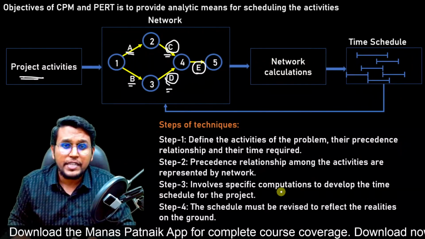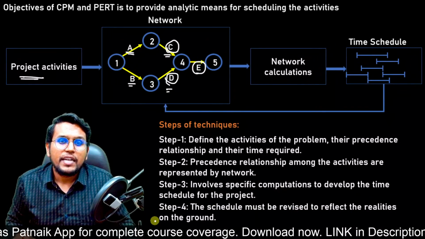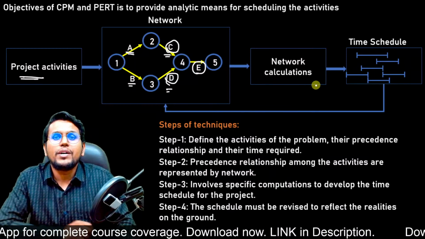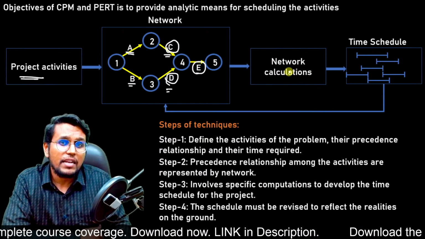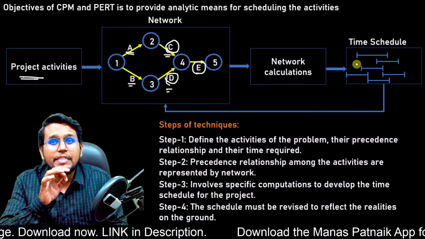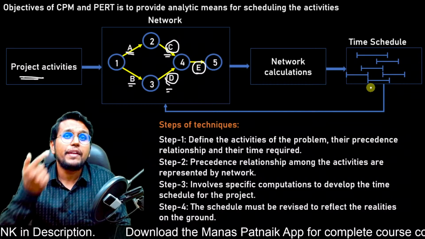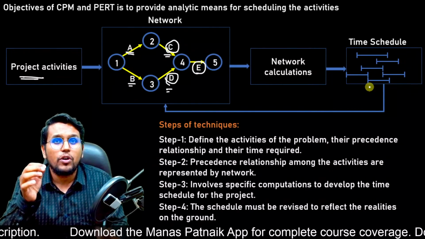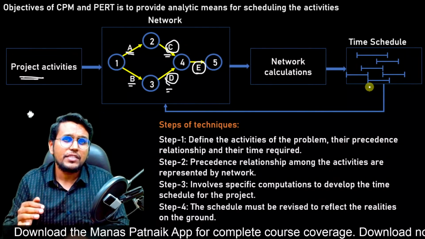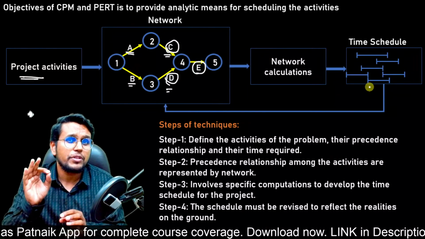And after that, finally, the schedule must be revised to reflect the realities on the ground. So once we are done with our calculation, with our network model, we will try to implement it, and it is very, very important to reflect on what we have done on the real ground, because on the real ground, there may be different factors that affect our project time.